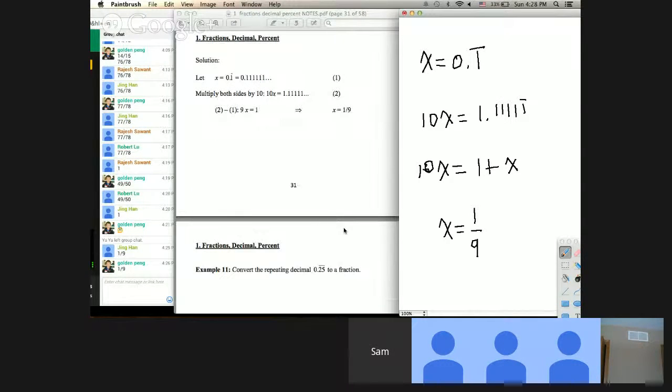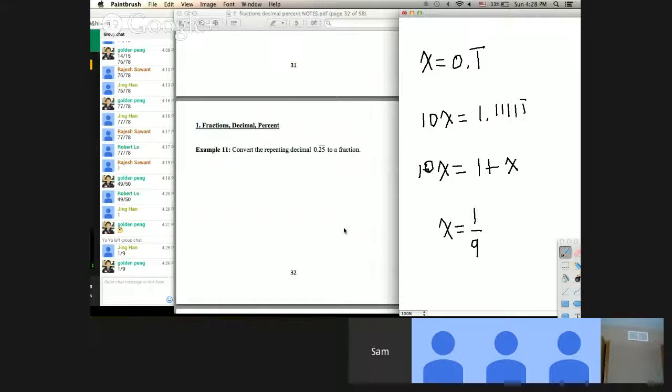So knowing that, try this one. I don't know if you guys will get it, but if you don't, that's okay. I'll explain it, and then you guys will know it.